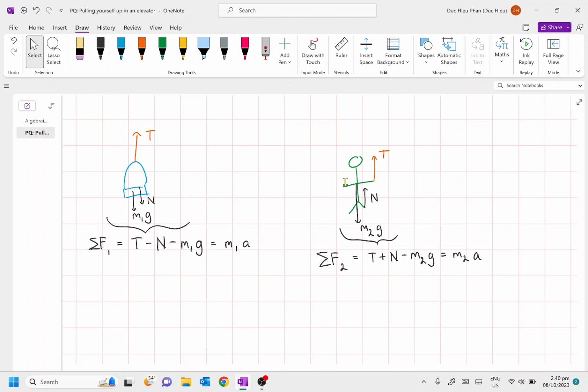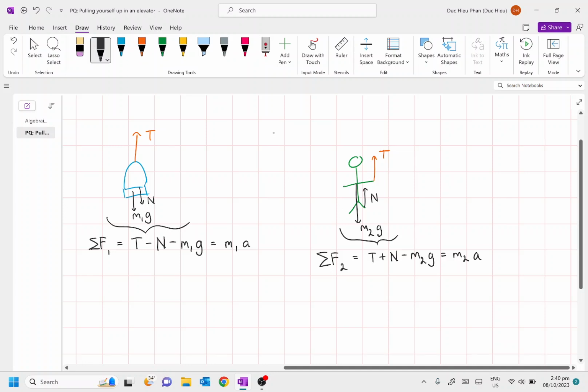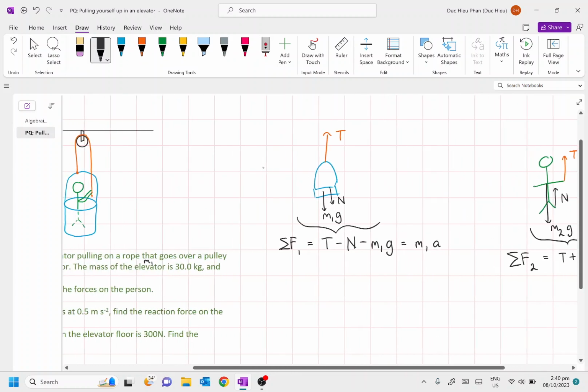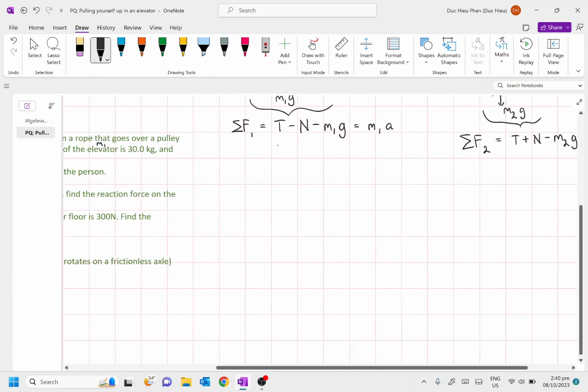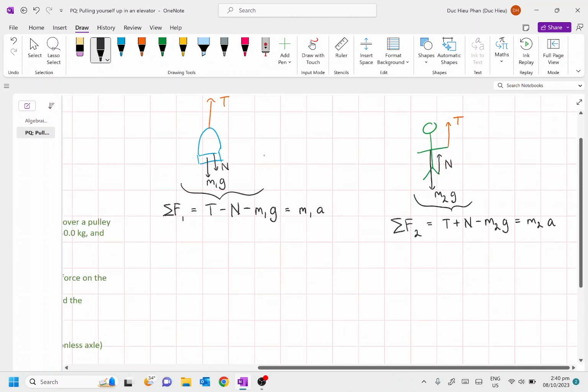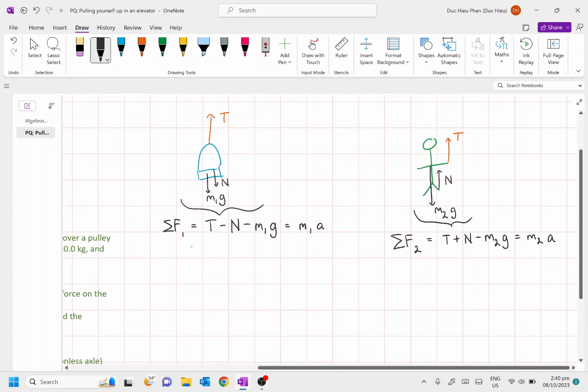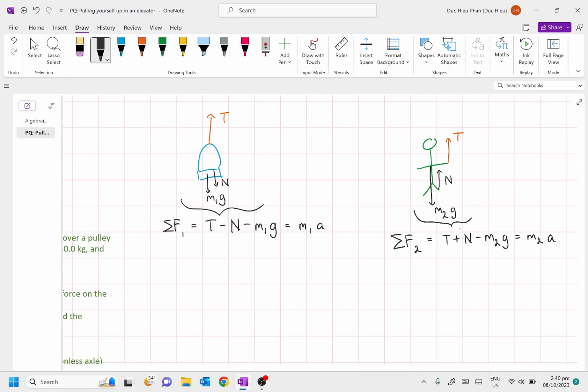And how you do this is you'll add both equations, right? But there's a reason why this question does not ask you to draw a free body diagram for both. It's asking us to only draw for the elevator and the person. And that's because we want to subtract one of these equations from the other so that we eliminate tension and we only have the normal force inside, because T minus T would be 0 and N minus N would be minus 2N, or the other way around.